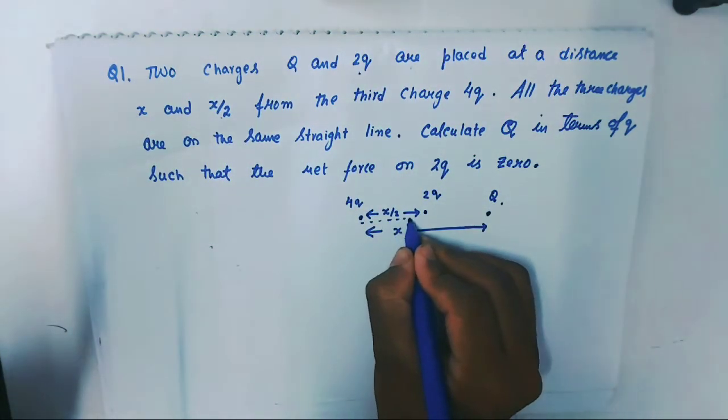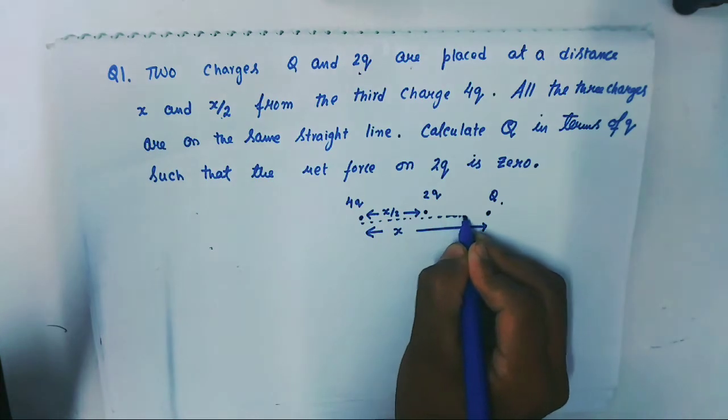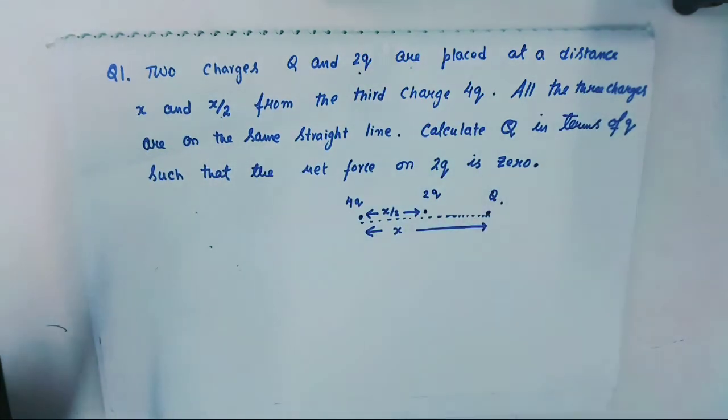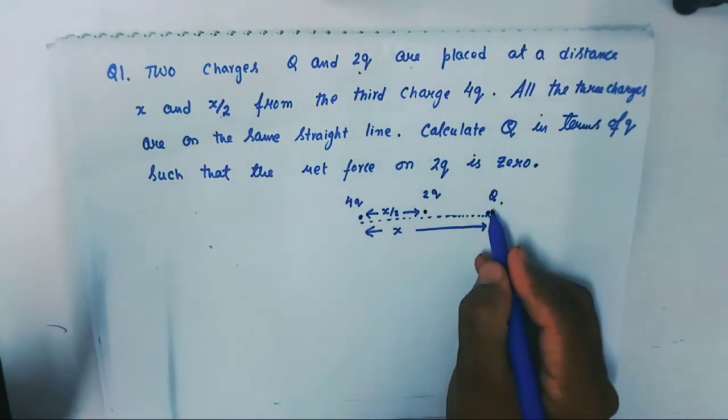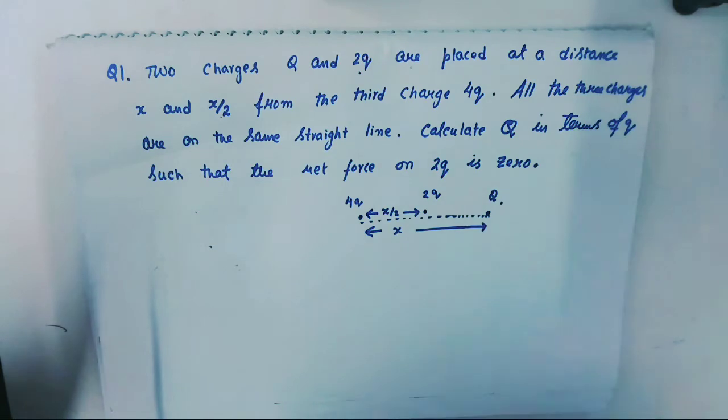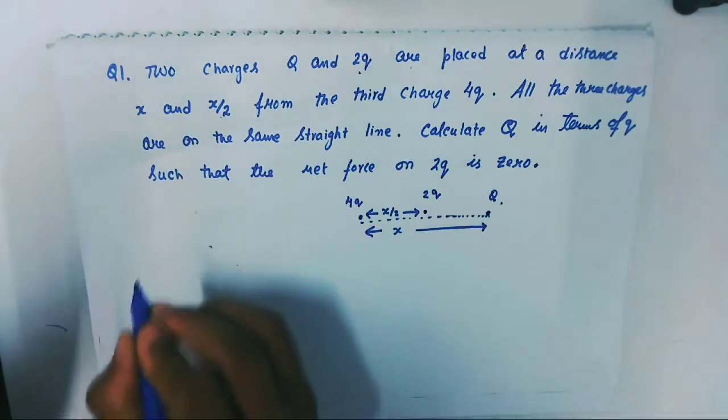So, let us say they are lying on this line. Now, the question says calculate this capital Q in terms of small q such that the net force on 2Q is 0.